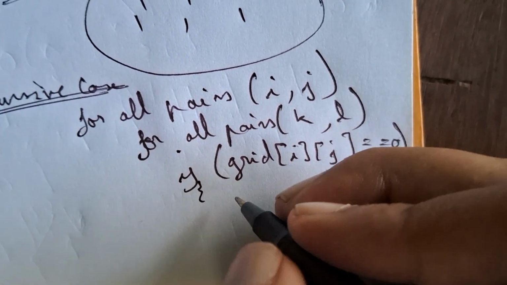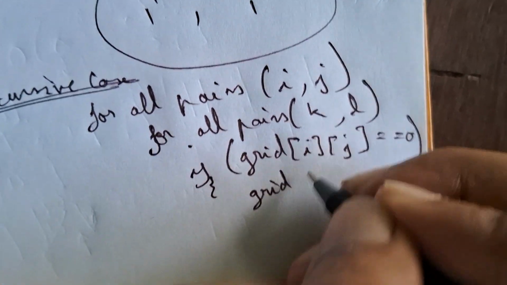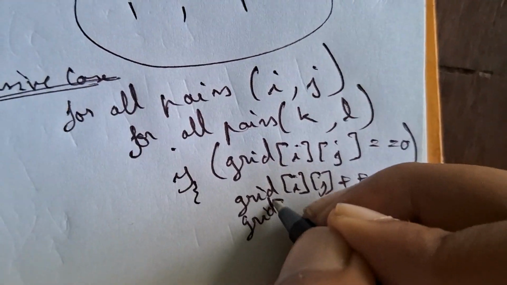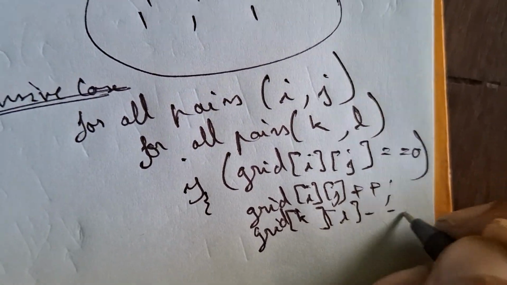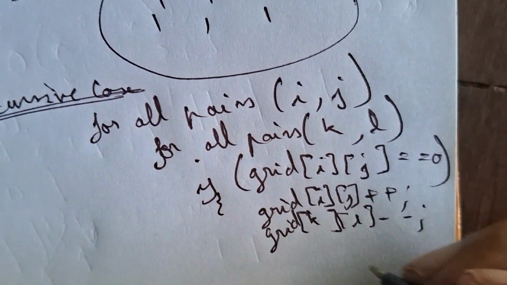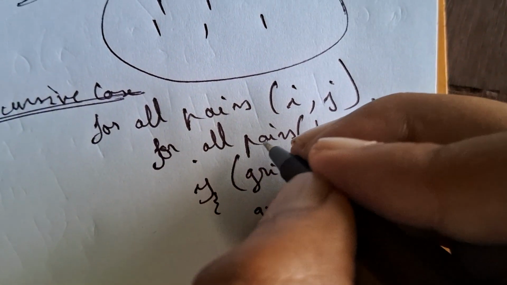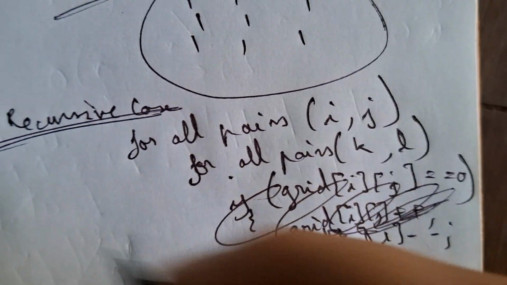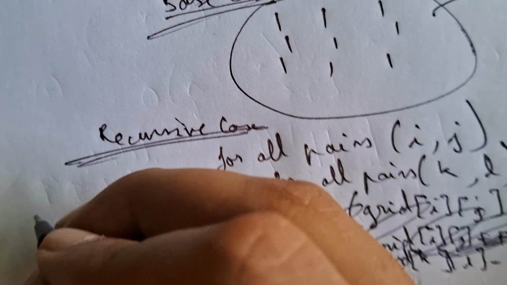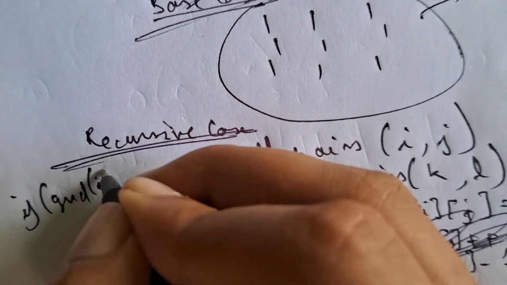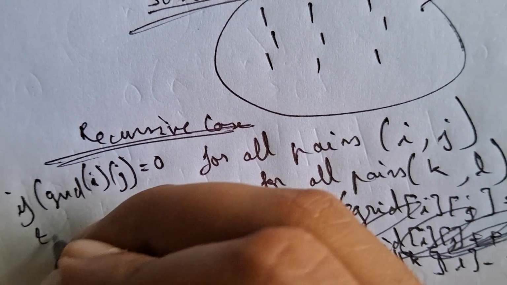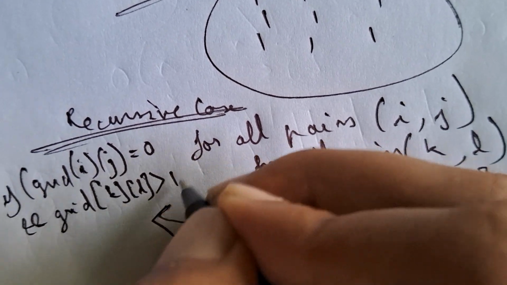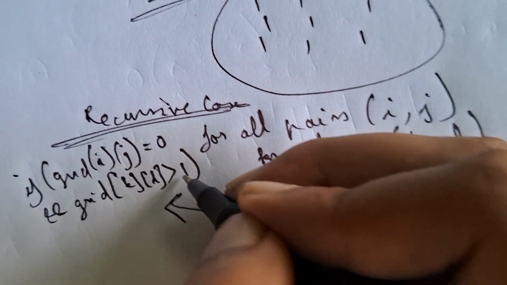Let me rewrite this condition: if grid i, j is equal to 0 and grid of k, l is greater than 1, then only you can subtract 1 from here and add it over here.